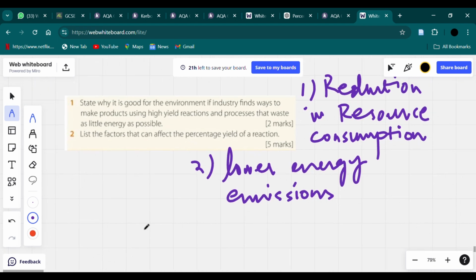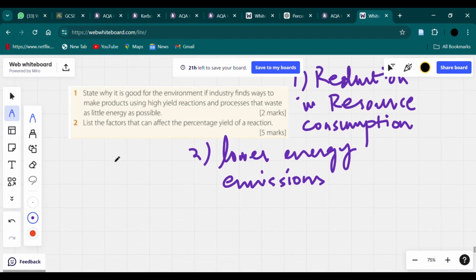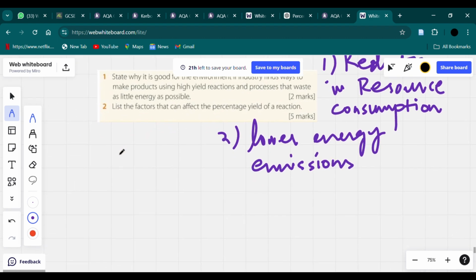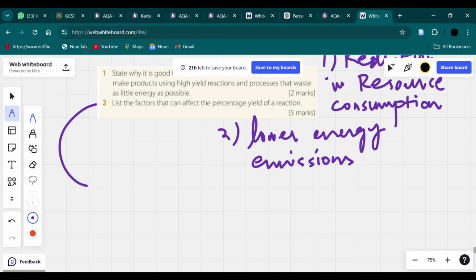Okay, so now we will move towards question number 2, that is to list the factors that can affect the percentage yield of a reaction. We have already discussed what the factors are here. First factor is reversible reactions.